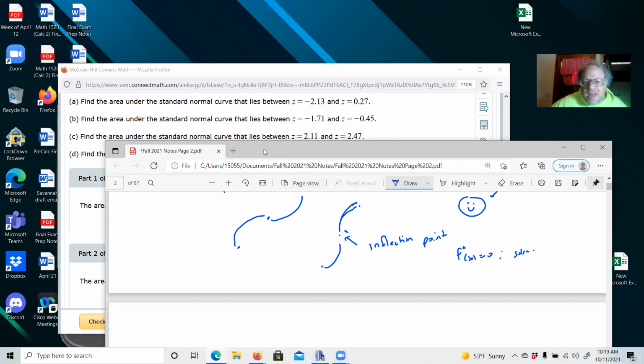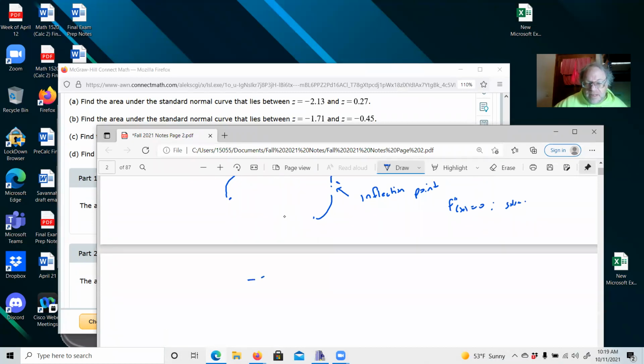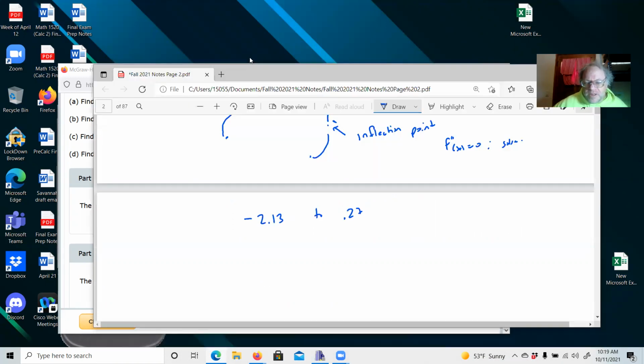So there we go. Let's see. Why don't we try a couple of these? So I wanted to do this first one. -2.13, 2.27. Okay. So we're going to figure out the area between this curve. Okay. So here's my normal distribution. So that would be my 1 sigma.